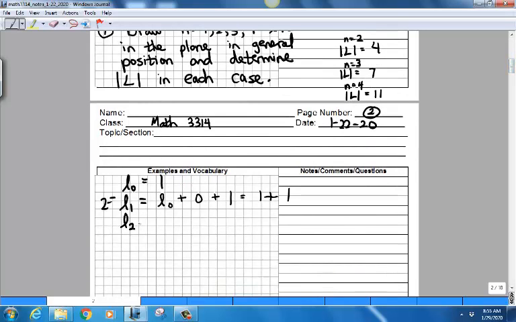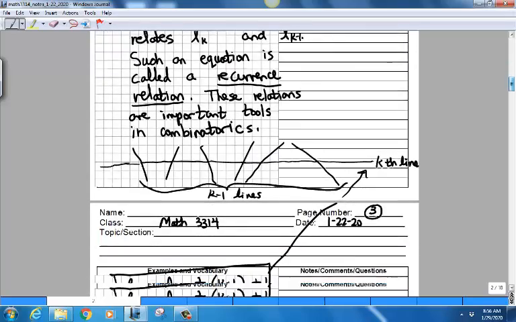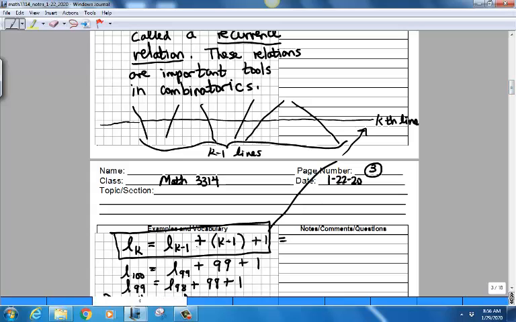So what's L sub 2 now? It's L1 plus 1, this value repeated, and then plus, you always have this 1. By the way, you're probably thinking I could have simplified this formula, and of course you can simplify this recurrence relation.